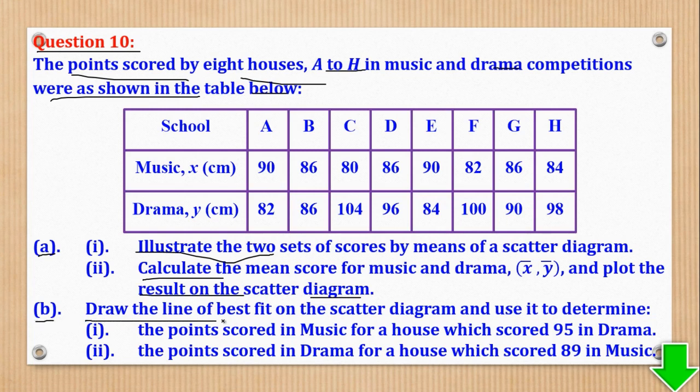Then B, draw a line of best fit on the scatter diagram and use it to determine the points scored in music for a house which scored 95 in drama, the points scored in drama for a house which scored 89 in music.